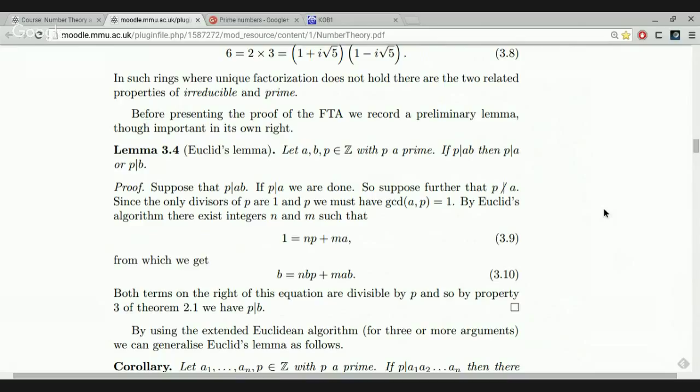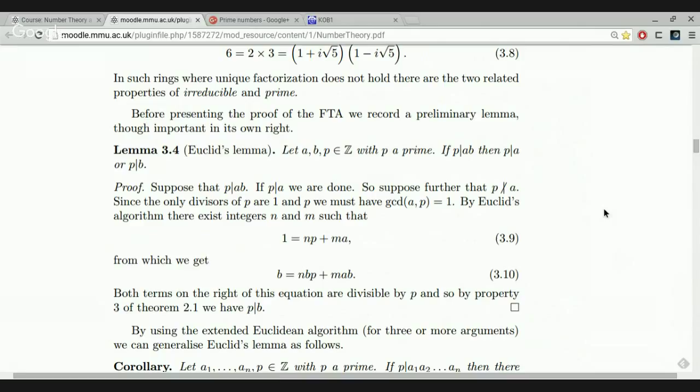And from what we know already by the Euclidean algorithm, if the GCD of a and p is 1, that means you can write 1 as a linear combination of a and p. So there exists a pair of integers n and m, and when you form this linear combination np plus ma, you get 1. Now we want to prove that b is divisible by p.